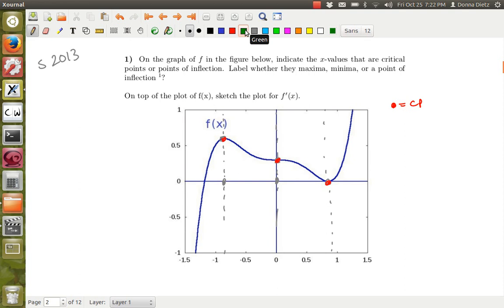But there's actually, I did not expect people to get this last year. I expected people to get most of this. I expected people to notice this point of inflection, which is also a critical point. But I was hoping that they would notice this point of inflection and this point of inflection.